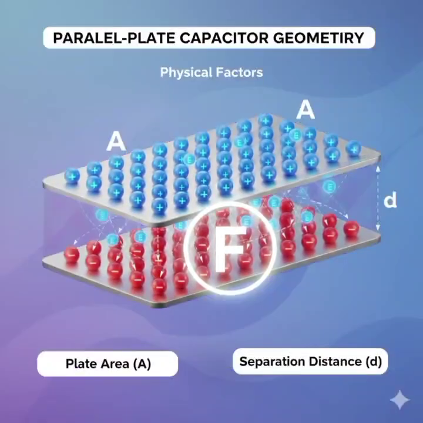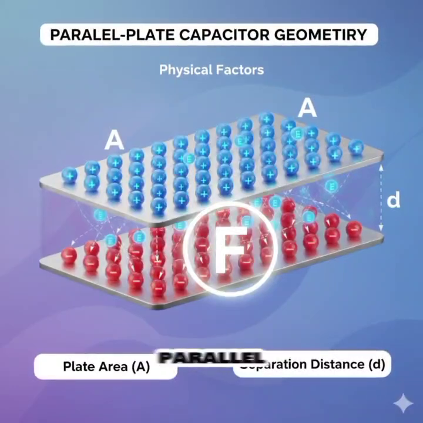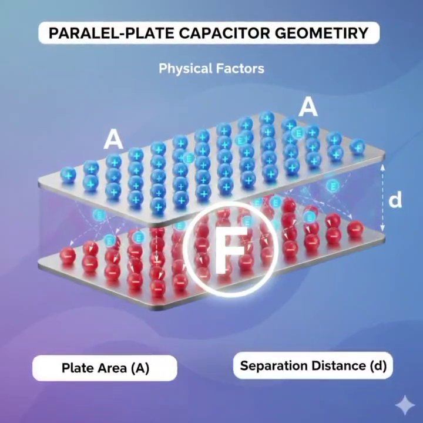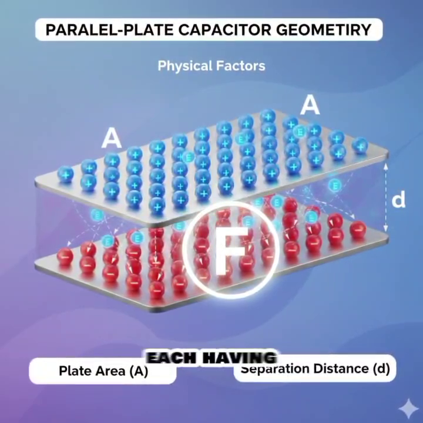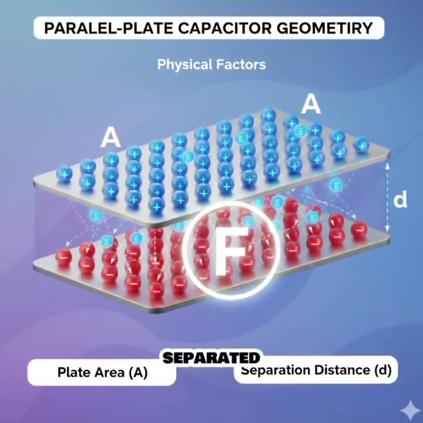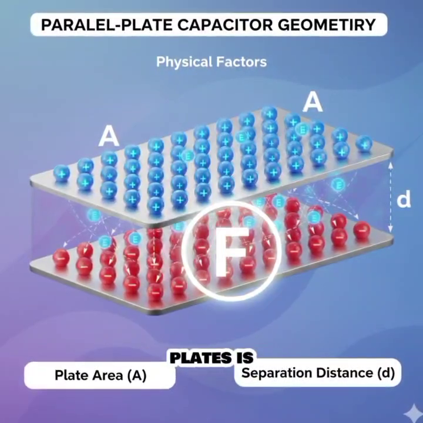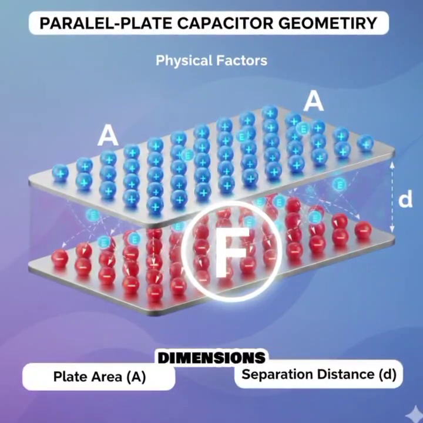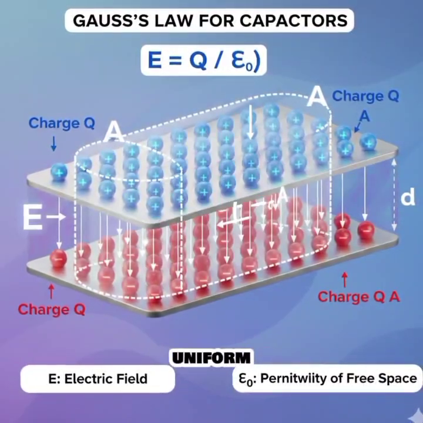commonly used. To understand capacitance mathematically, consider a parallel plate capacitor. It consists of two large parallel metallic plates, each having area A, separated by a small distance d. The distance between the plates is much smaller than their dimensions, so the electric field between them can be considered uniform.